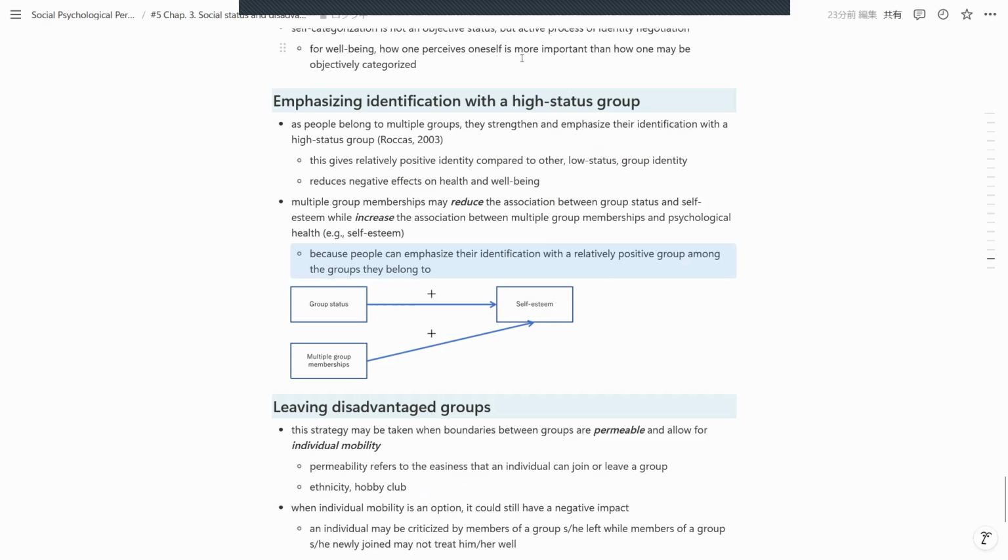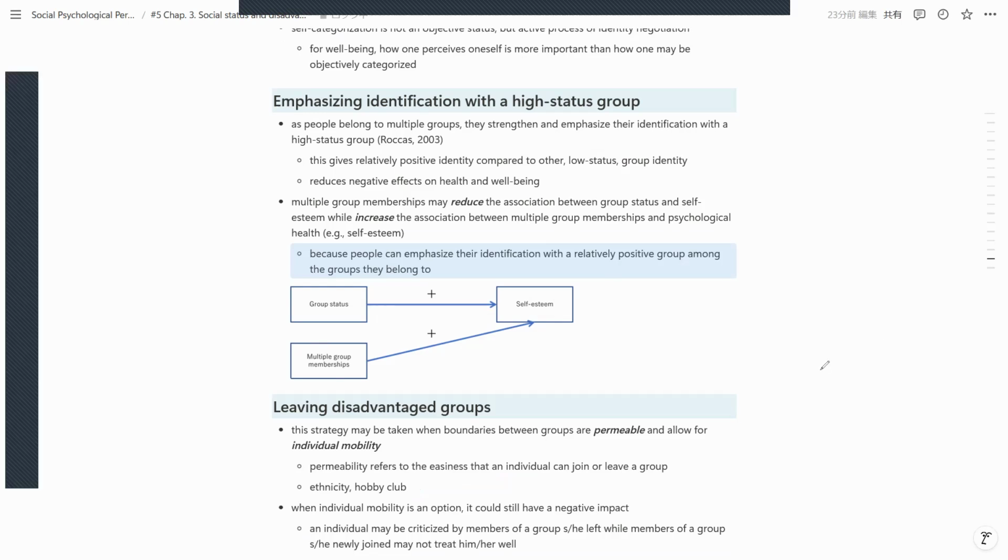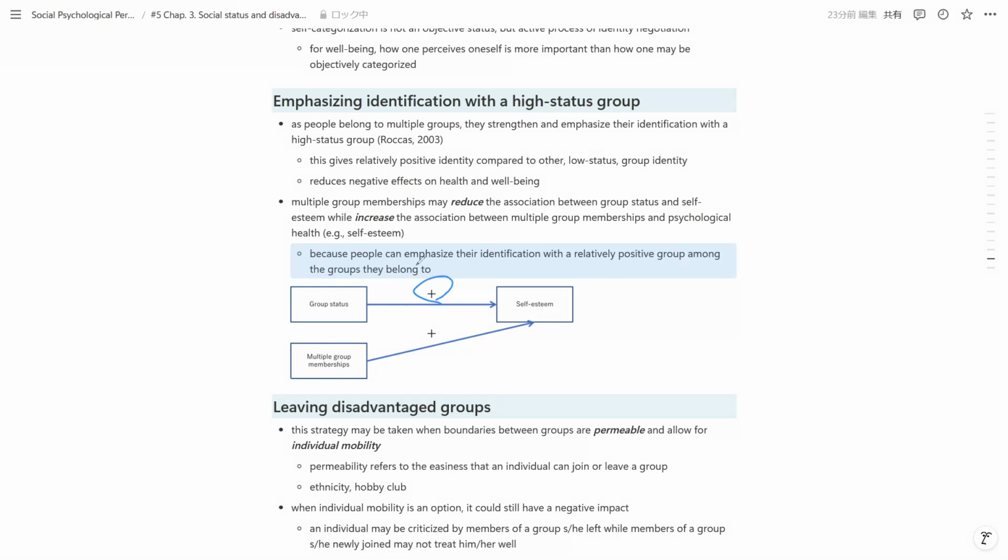Okay, so let me walk through the figure again. As I said, there's a positive link between group status and self-esteem. When they belong to a high status group, they tend to have high self-esteem, which should lead to better well-being.